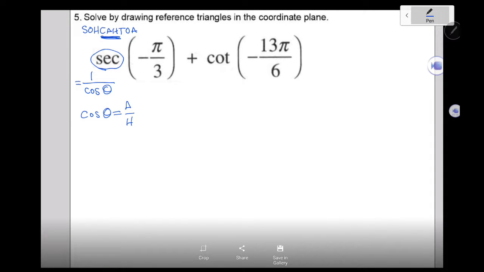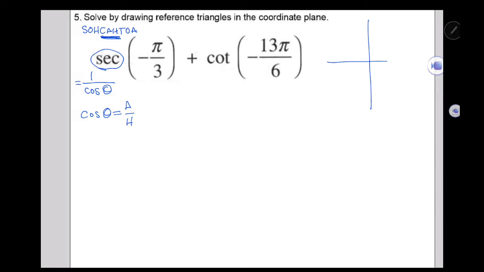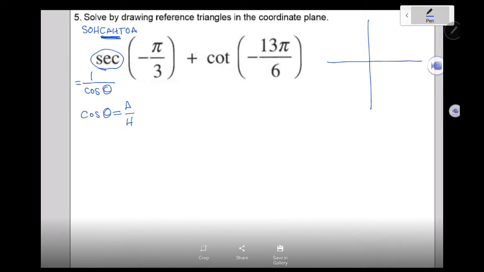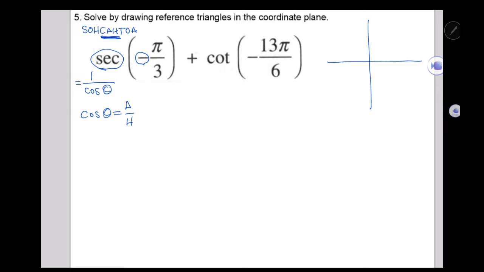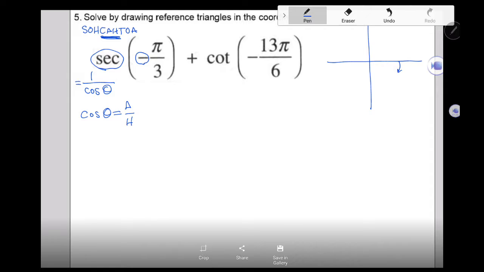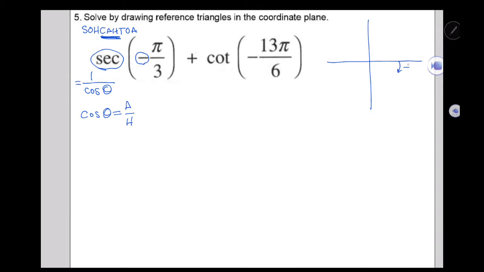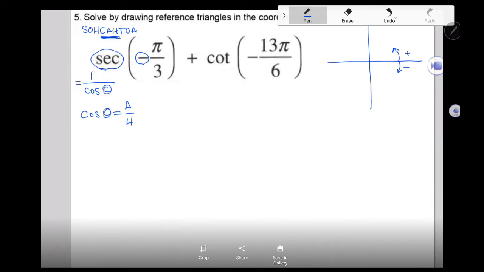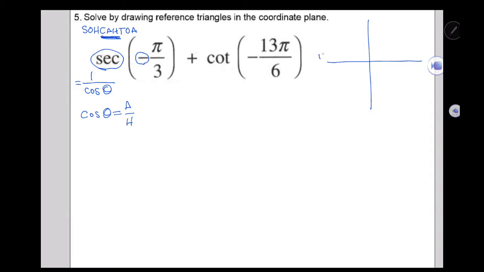But of course we have to think about something else, and that is if you have your coordinate plane here, and you go in a negative direction because this angle is negative. If you went all the way over to pi, that's the same thing as 180 degrees.